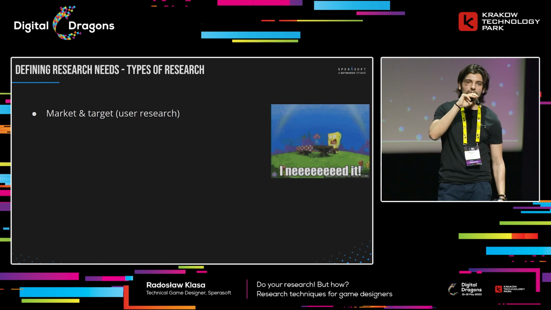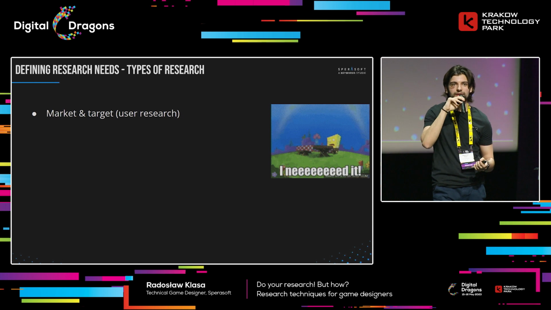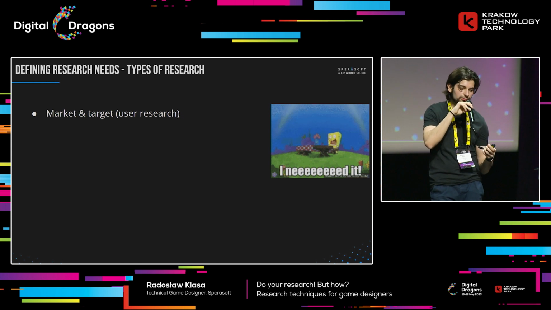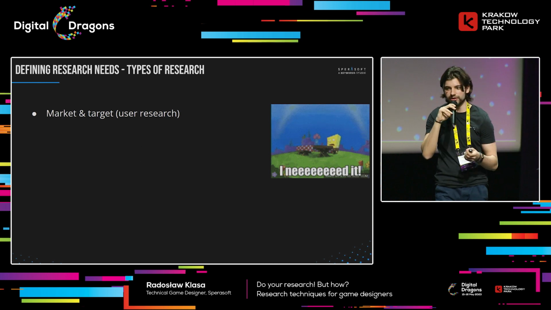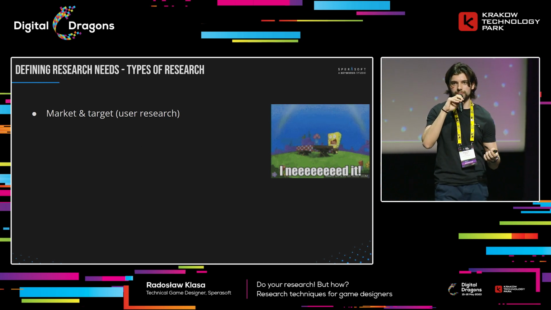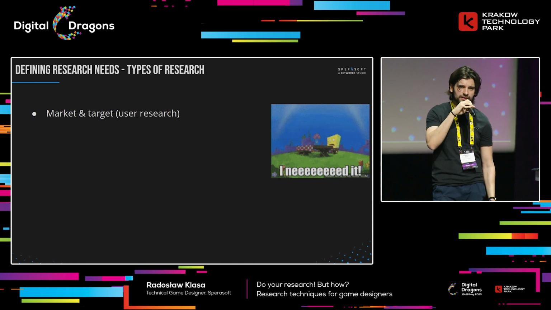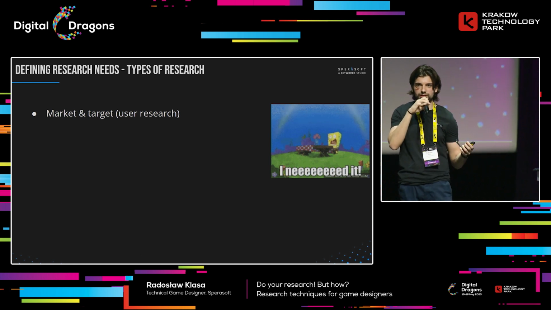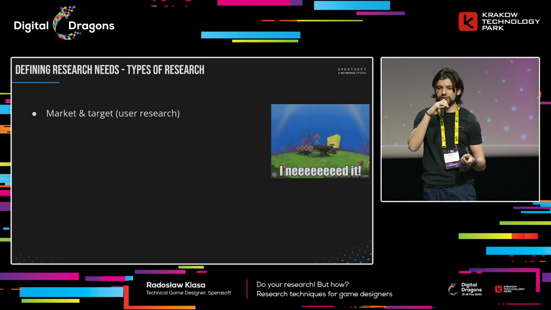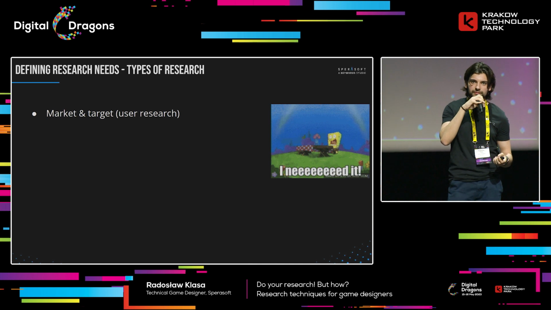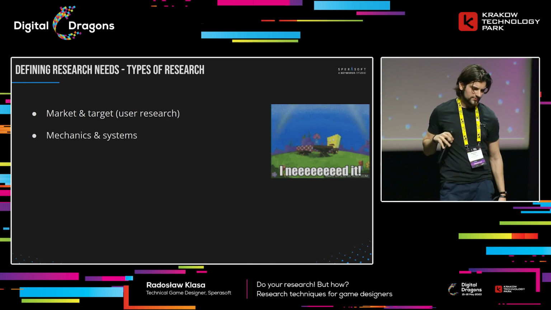Yeah, so based on the research purpose, we can define different approaches for the research. The first one is the market and target research that we talked about a moment ago. It's about the market, so we get to know how many sales, what kind of players are playing the game, and if we are going to be a successful title or not.